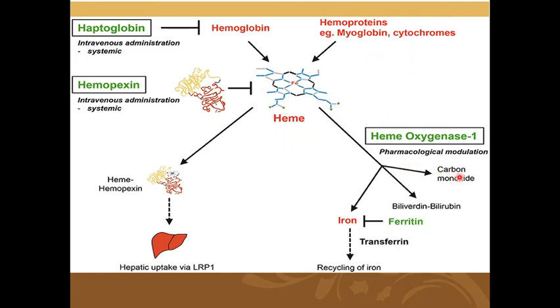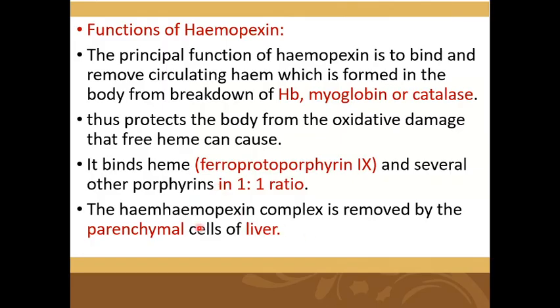So in this way carbon monoxide is released, biliverdin is formed, biliverdin is converted to bilirubin, and the iron is released. This iron is either stored in the form of ferritin or it is carried by transferrin and recycled. Whereas the hemopexin is taken up by the liver cells and catabolized. अभी आपने देखा था ना last slide में जो मैंने आपको बताया था. Yes. The hemopexin complex is removed by the parenchymal cells of the liver.